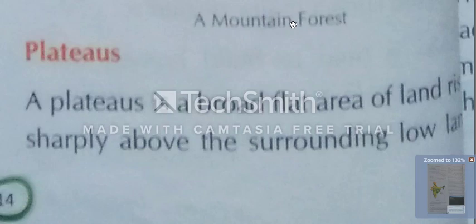A plateau is very broad, means chauda. Broad and flat; flat here means samtal. That is a place which is a very broad and flat area of land rising sharply above the surrounding lowland. Just above the lowlands, that is a plateau.